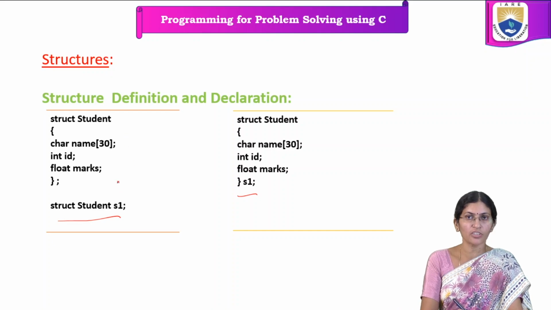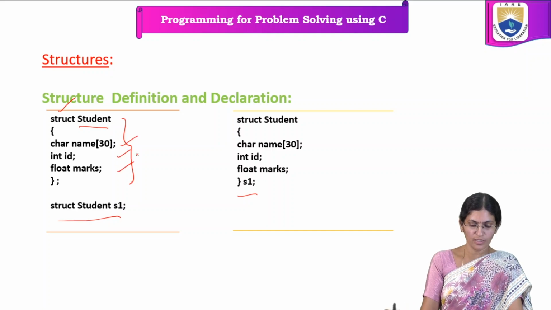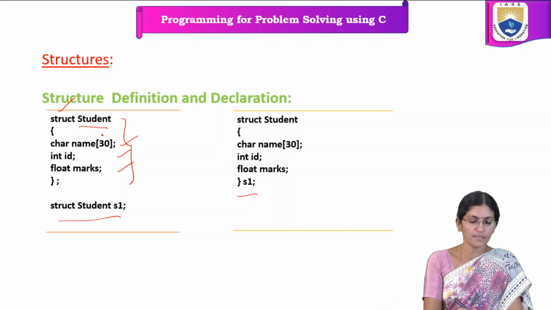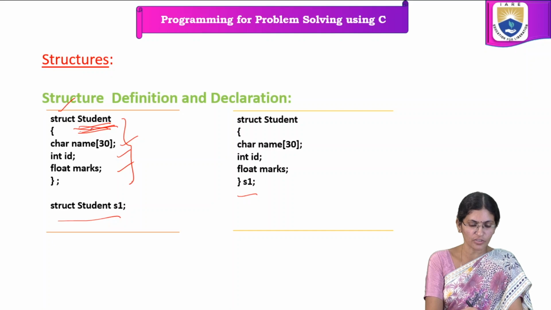This is the structure definition. struct is the keyword, the name of the structure is student, and inside the curly braces we need to mention the members of the structure. What information will this structure student have, for what particular purpose has this structure been created? That is what the structure definition gives.